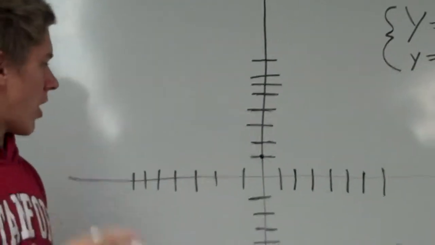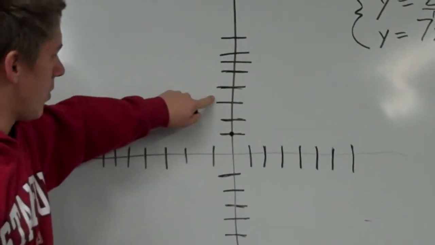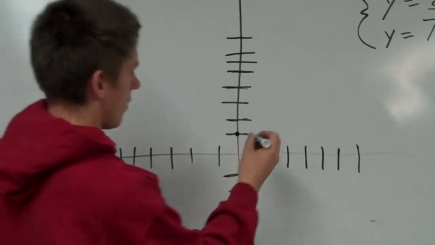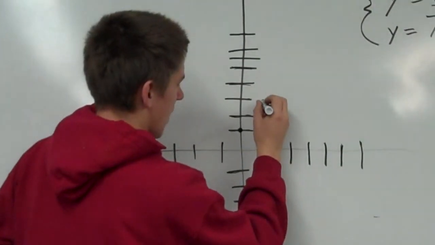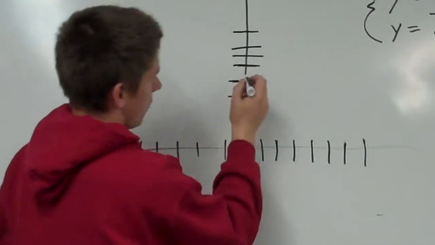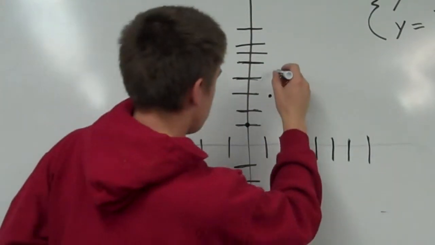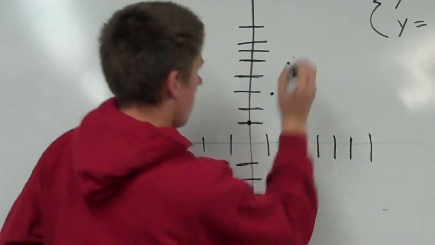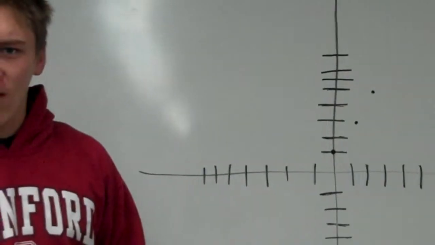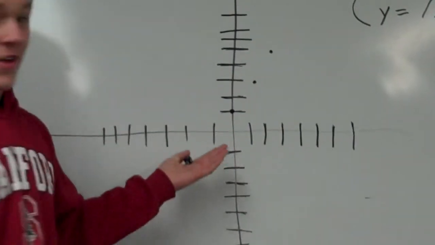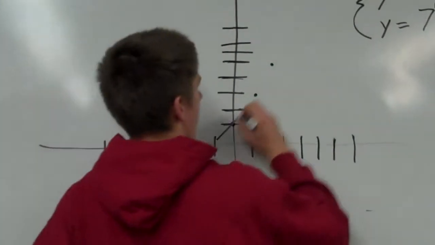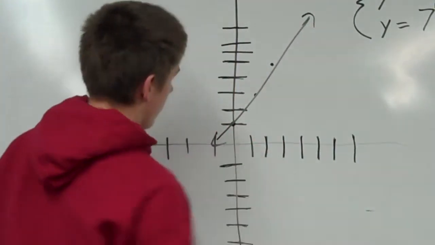So rise over run, we're going to go 2 up and 1 over. Point right there. Then we can go 2 more up and 1 more over. And that's how we're going to make our line. Now, as you can see, we've graphed the first equation, so go ahead and throw an arrow there.